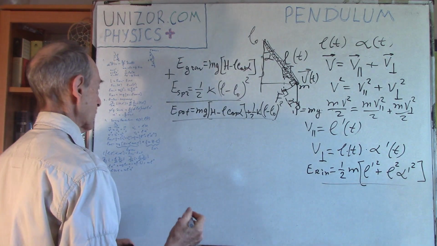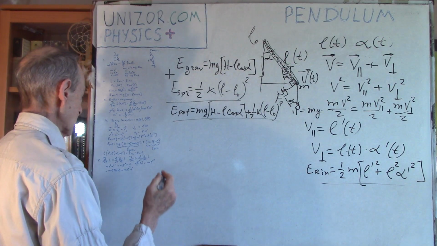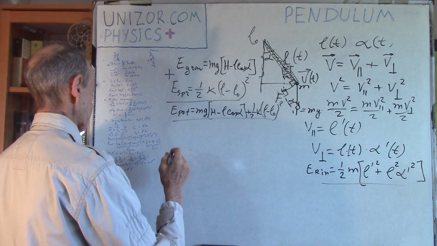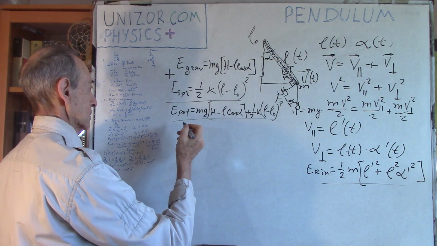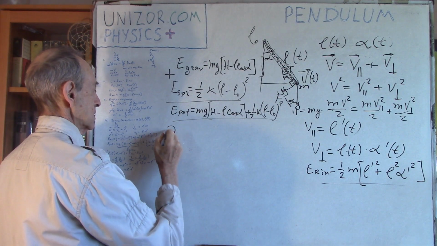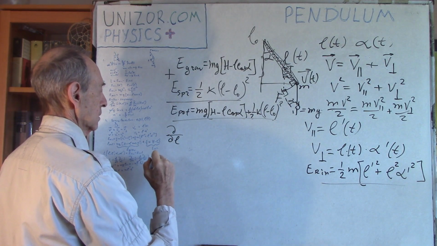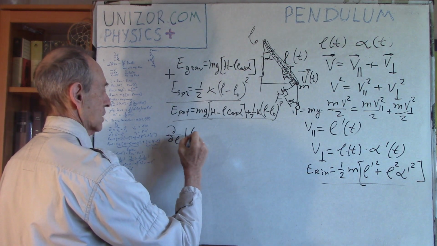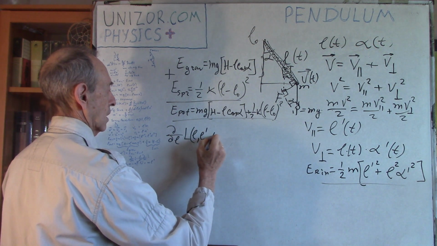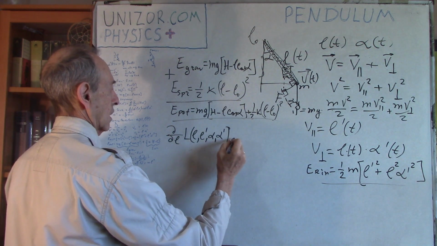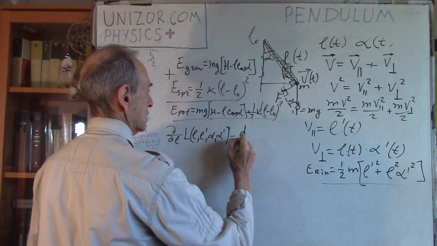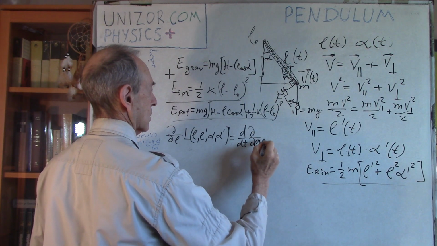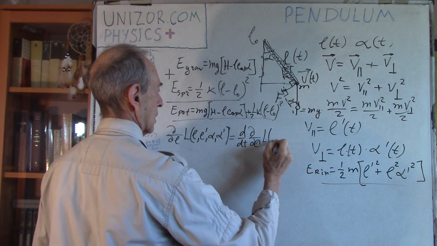So let's go to the first one. The first one is the partial derivative by L, let's say. Okay, so it's the partial derivative by L of the Lagrangian, which now depends on L, L prime, alpha, and alpha prime, should be equal to d by dt of the partial derivative by L prime of the same Lagrangian.